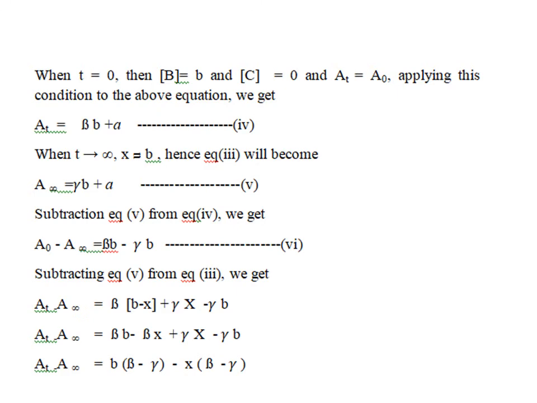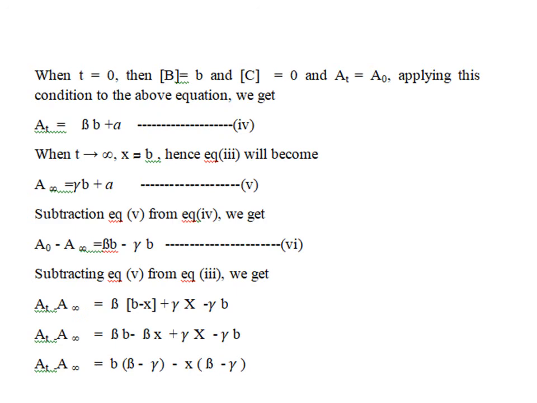We have multiplied beta with the term (b minus x), then we will get beta b minus beta x plus gamma x minus gamma b.